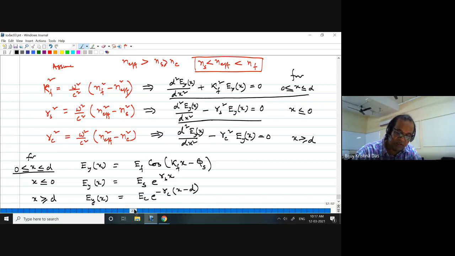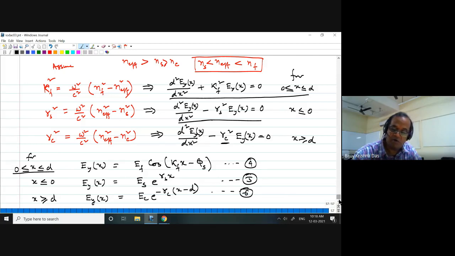So whatever value is there, it will be decaying with a gamma c constant. This is your gamma c constant. So these are the three equations; we get solutions for three different zones. Let us consider these as 1, 2, 3, then it is 4, 5, and 6.